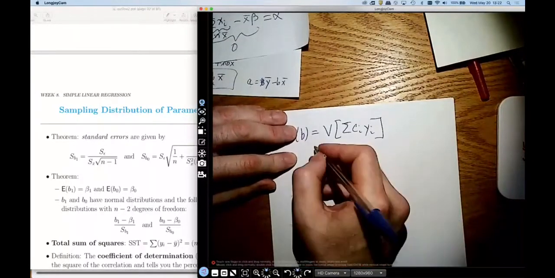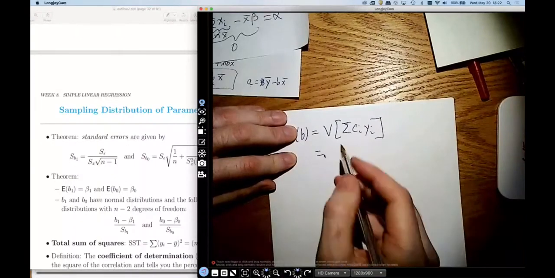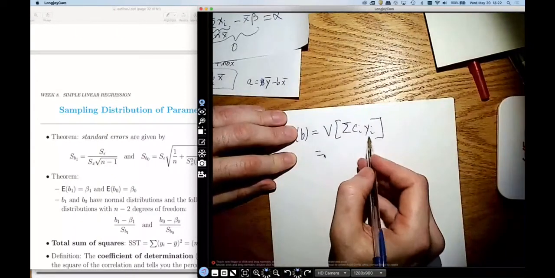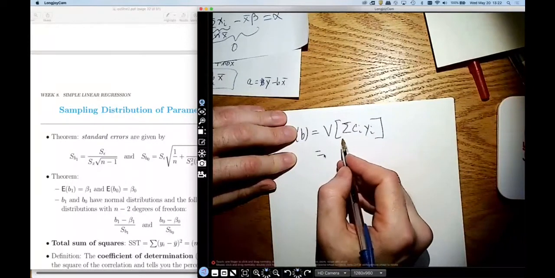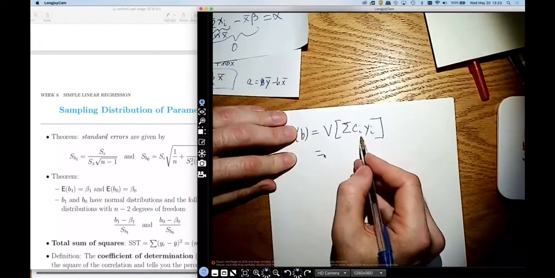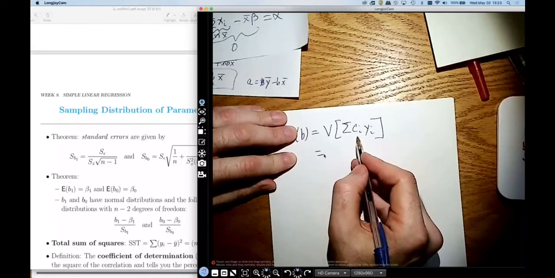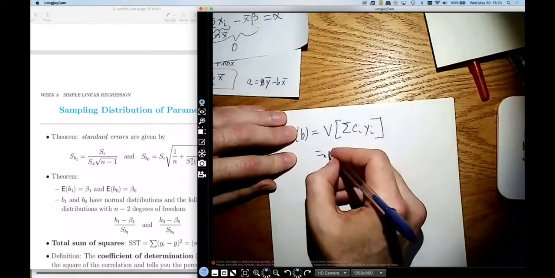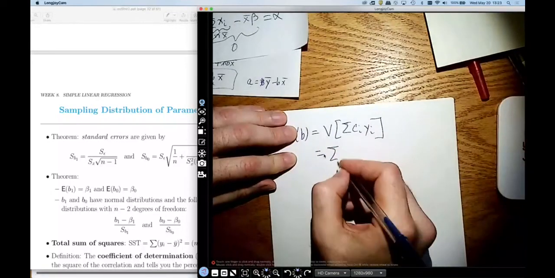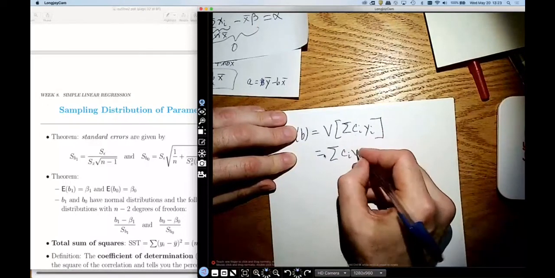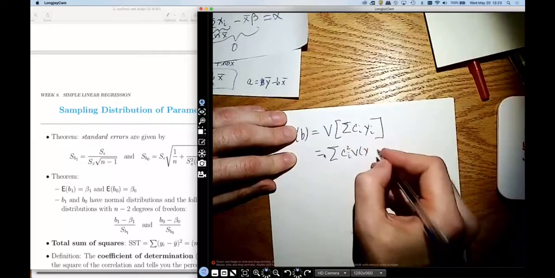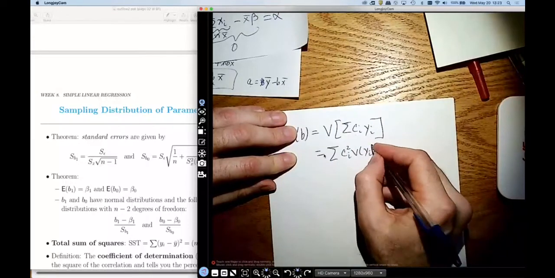Since my yi's are independent of one another, the variance of this sum is just the sum of the variances. These c's are constants, so they're going to come out, and I'm left with the sum of Ci times the variance of yi. Don't forget that Ci should be squared.